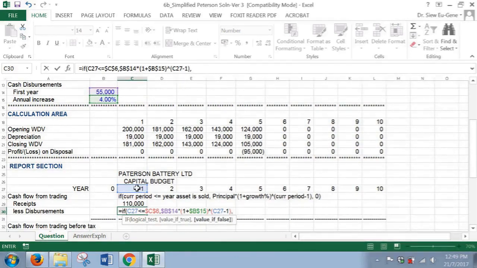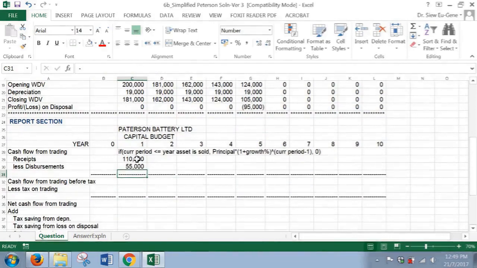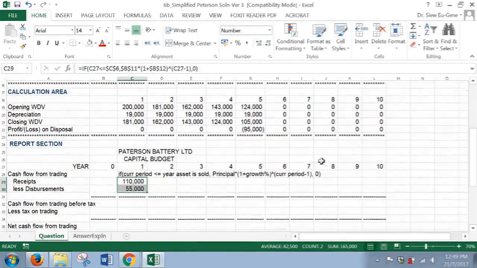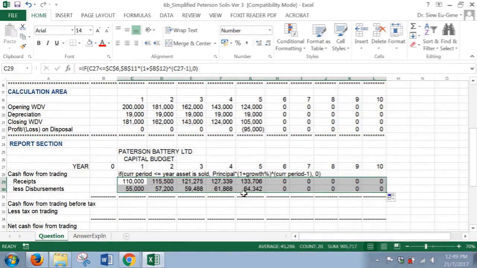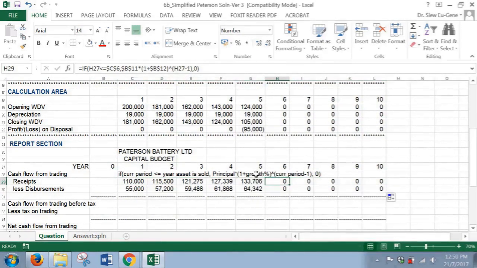And after the asset is sold, we don't have to spend any more money to maintain or run the machine. All right. So these two figures can be dragged across up to year 10. Let's drag it across. And you can check after year 5, we don't make any more revenue and we don't have to spend any more costs.